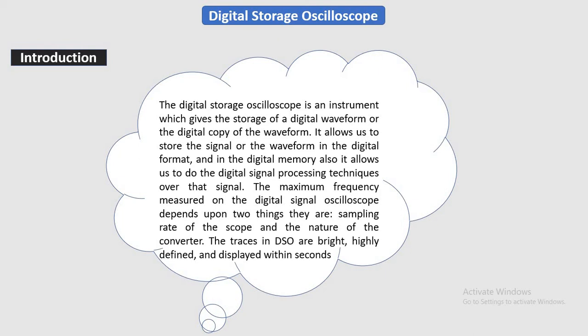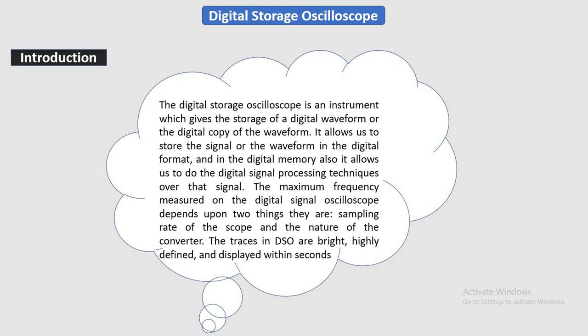The maximum frequency measured on the digital storage oscilloscope depends upon two things. First is the sampling rate of the scope, and second is the nature of the converter. The traces in DSO are bright, highly defined, and displayed within seconds.